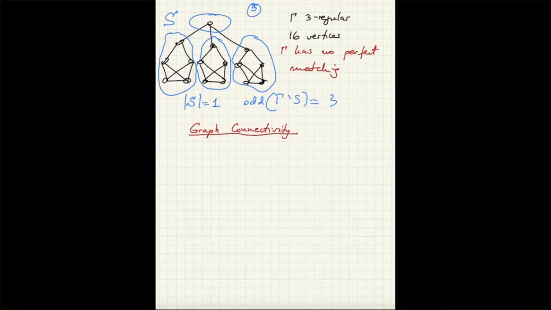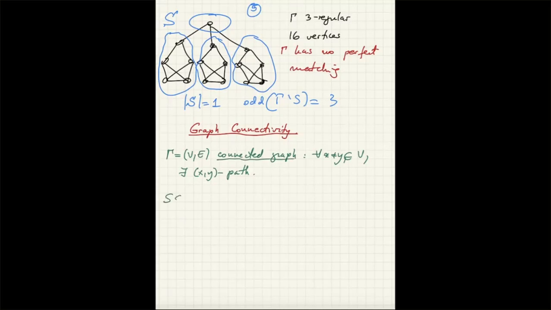Let's say we have a graph gamma, which is a connected graph. Connected graph means that for any x and y in V, there exists an xy path. So this is the definition.